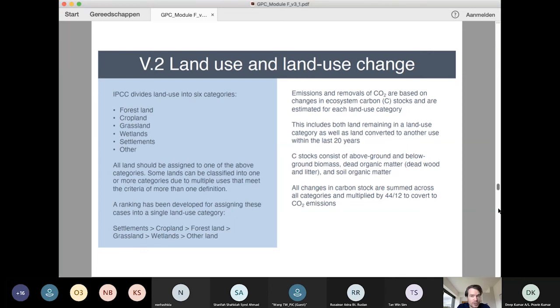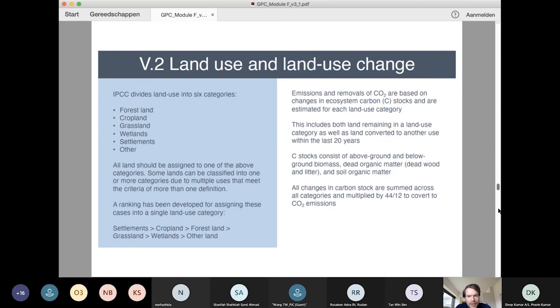Emissions as well as removals are based on changes in ecosystem carbon stocks that are estimated for each land use category. Each of these different categories has different activities taking place that will either sequester or release carbon, and we have emission factors or rates of change that quantify those emissions.